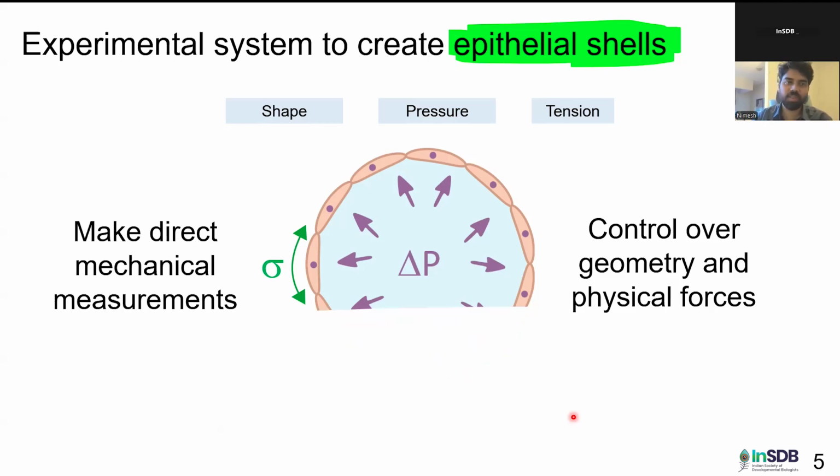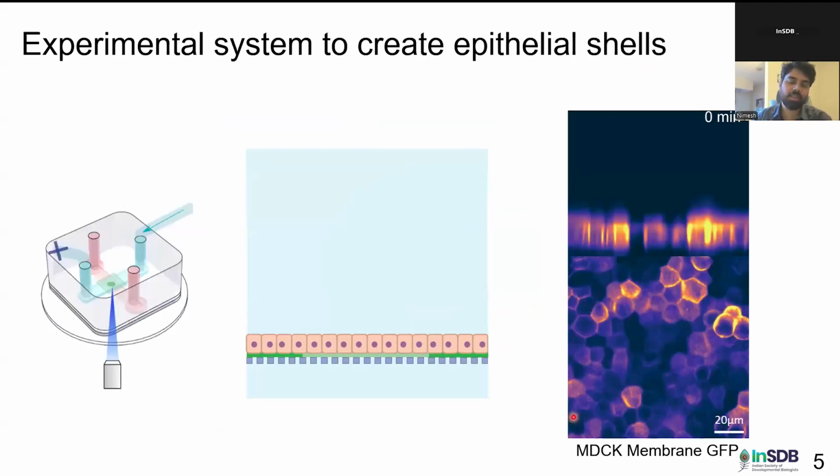The way we went about this was to invent a microfluidic chip. It has two channels separated by a porous membrane, and we coat this porous membrane with a fibronectin pattern, which is our adhesion-promoting protein, in this fashion where you have a circular region of non-adhesion. And we coat our porous membrane with an MDCK monolayer.